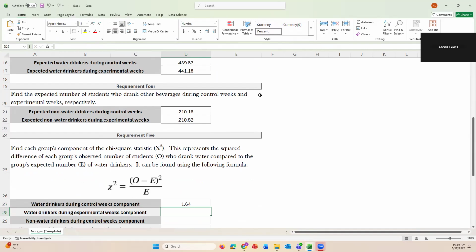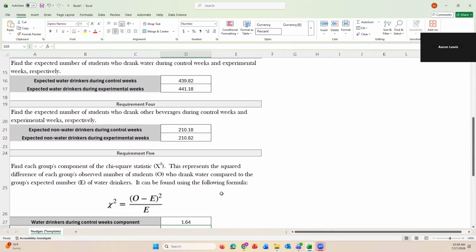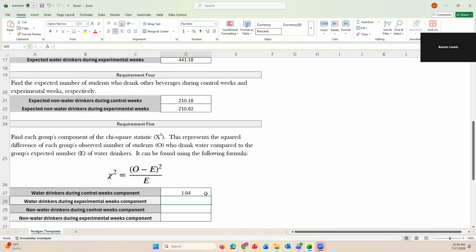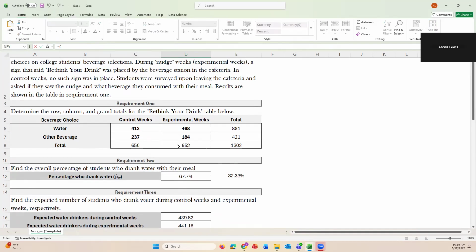So this implies in this case that our observed amount of water that we had, the squared value of that observed amount of water that was consumed during control weeks, was 1.64 waters above, or 1.64 times above expectation. And I'm just going to repeat the same process all the way down the line. So for water drinkers during experimental weeks, equals parenthesis, go up and find that intersection.